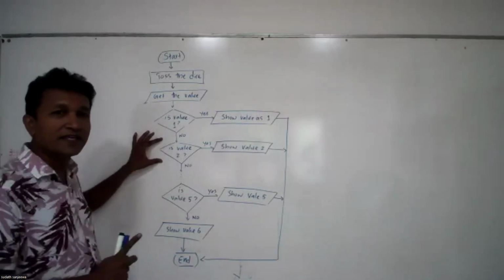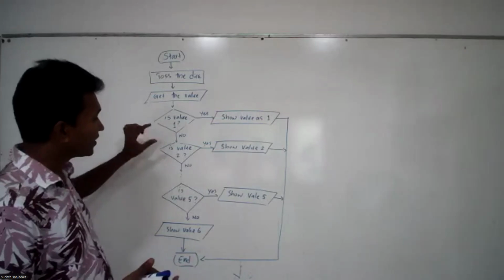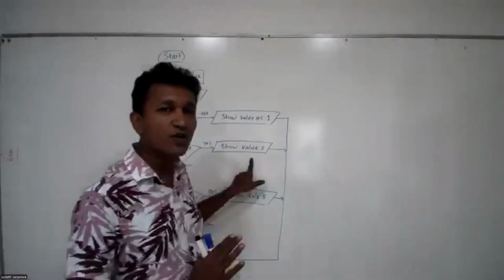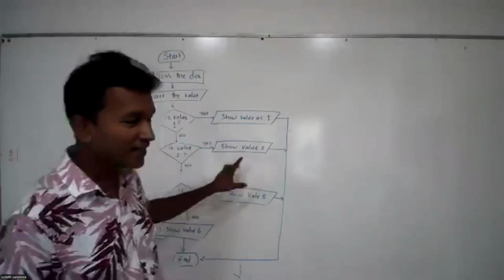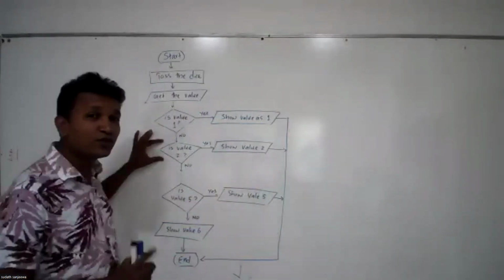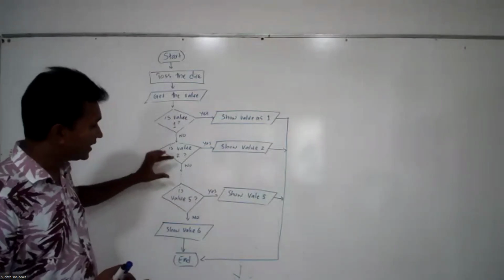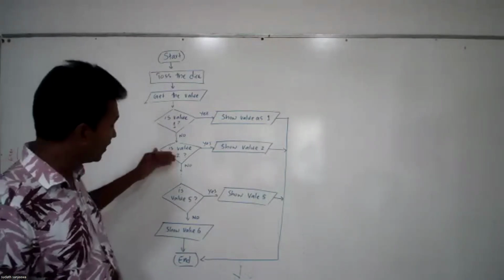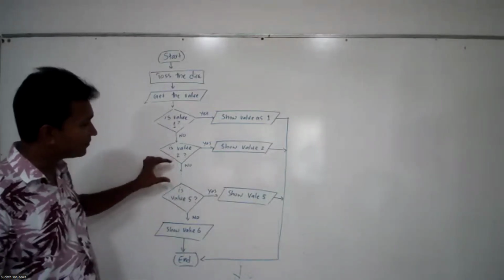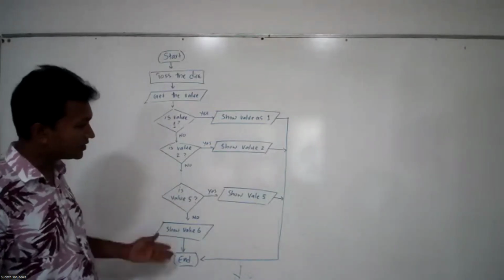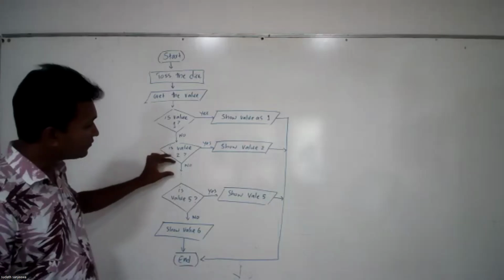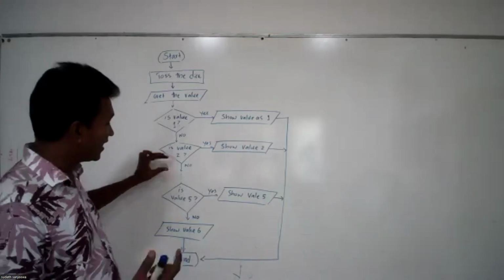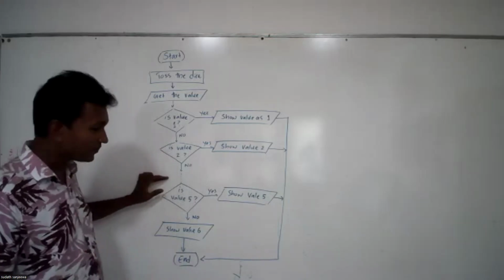Then we check whether the value is 2. If it is yes, then show the value as 2, right? If it is not 2, then we check whether it is 3, 4. I didn't mention this because the space is not enough. Likewise, we check whether it is 2, 3, and 4.